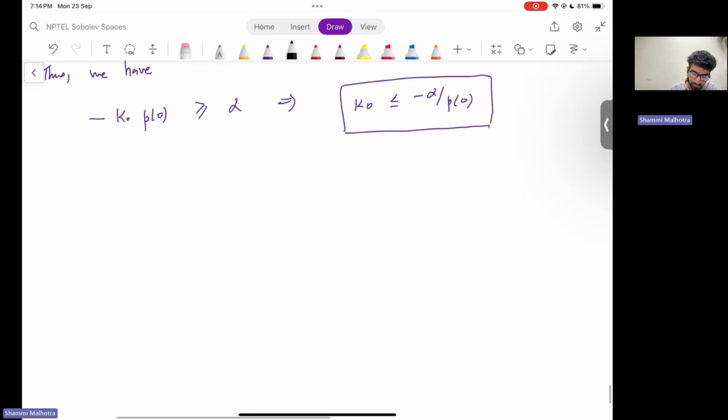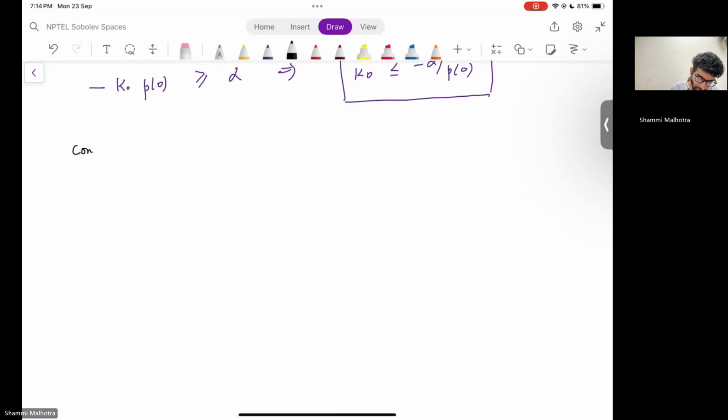And the second part of the question is to consider the problem, whose name is P2. And what is this?